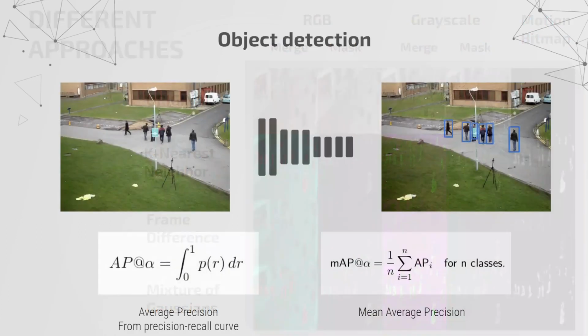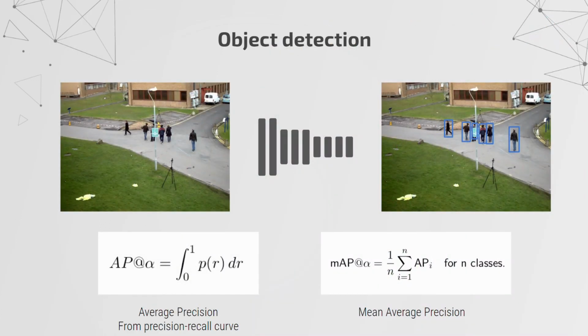As I said before, we are interested in object detection. So, object detection is the task of locating different targets in a given frame. For example, here we can see that our targets are people, and the network is successfully capable of identifying the location of the different people in frame.